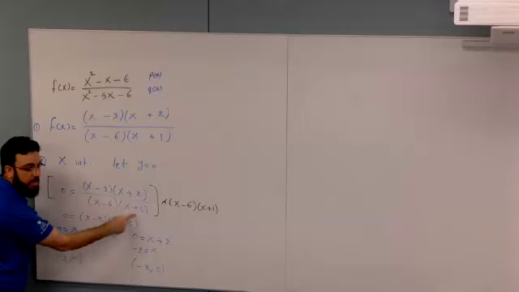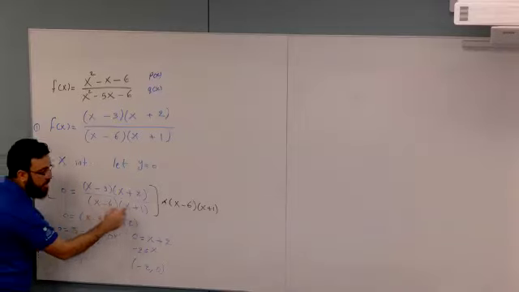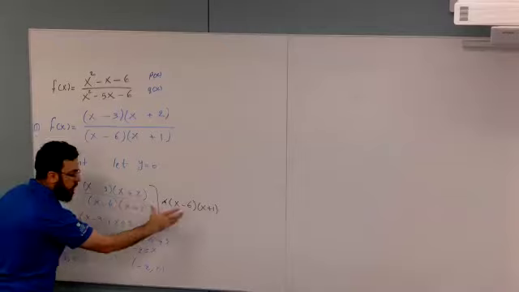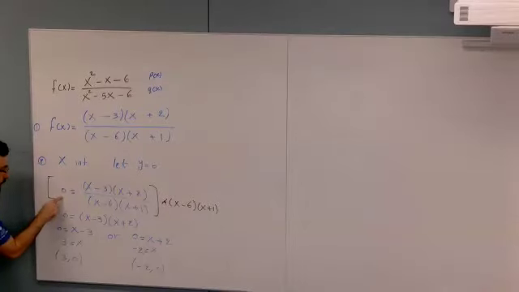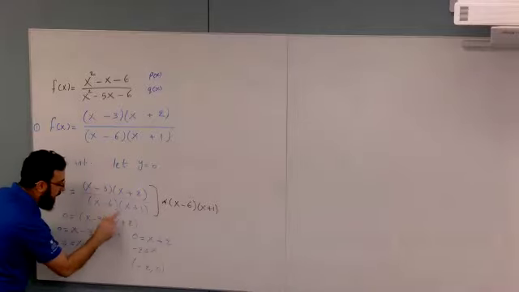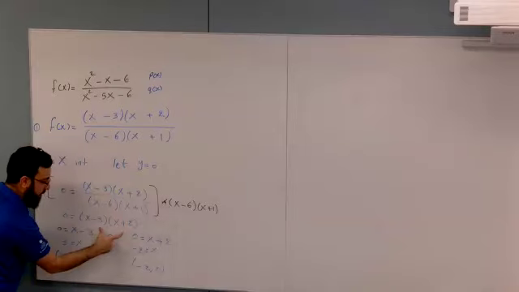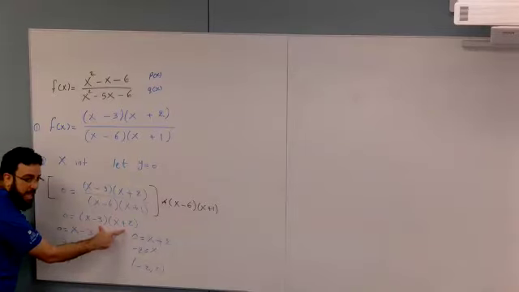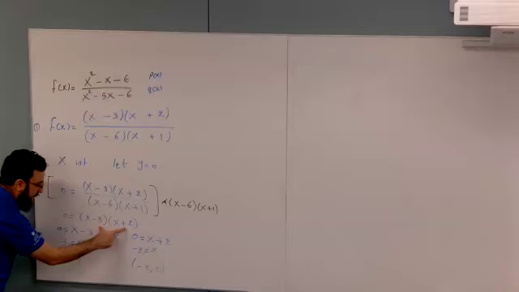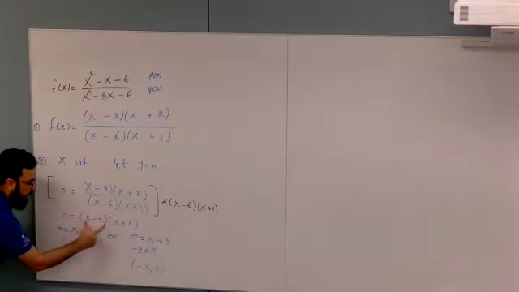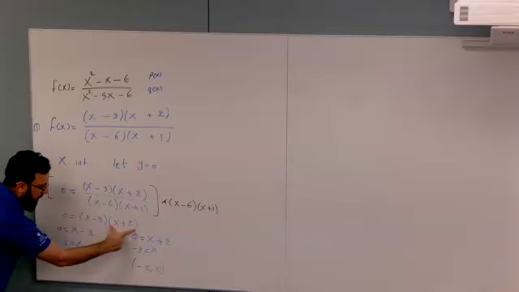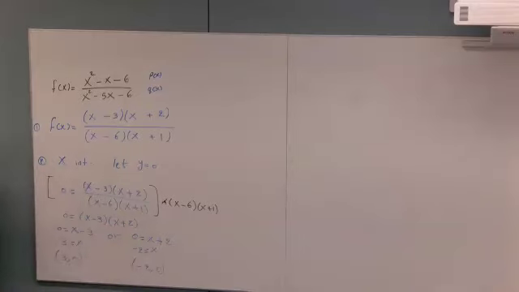Multiply by the common denominator to cancel this part. So when I multiply this one with the 0, it's still 0. When I multiply this part with everything here, this part is going to cancel with this one, right? So what's left? Two parentheses, right? Now, how are we going to solve this one? By using the zero factor property. This parenthesis equals 0 and this parenthesis equals 0, and solve it.